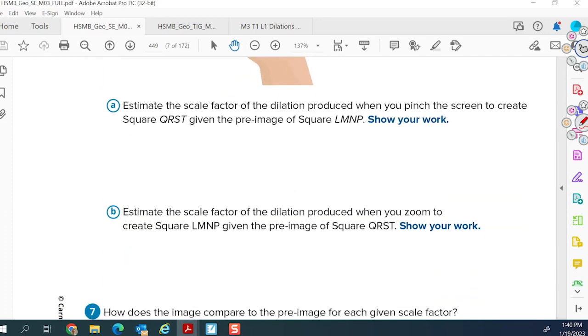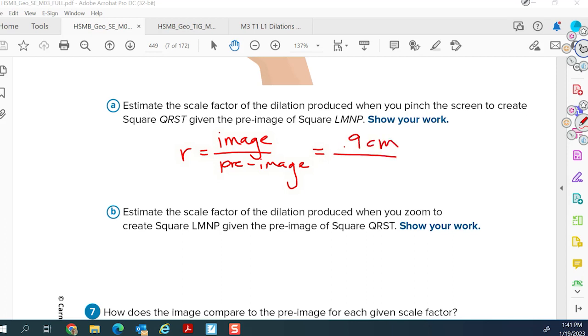So let's remember that the scale factor is an image length over a pre-image length. For this one, the image is the small one, so it's 0.9 centimeters over the pre-image, the big one, which was 1.8 centimeters, and I have a scale factor of about 1/2 or 0.5.